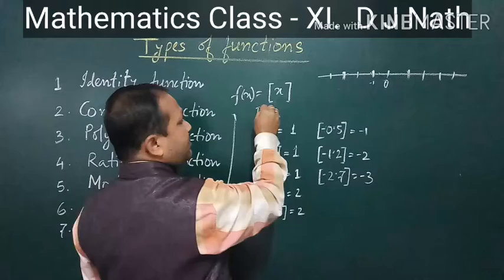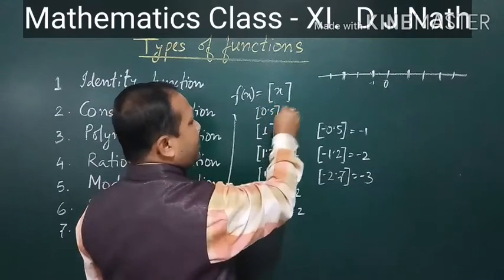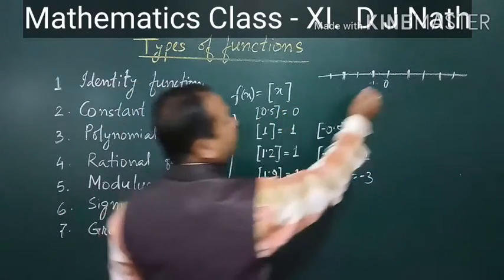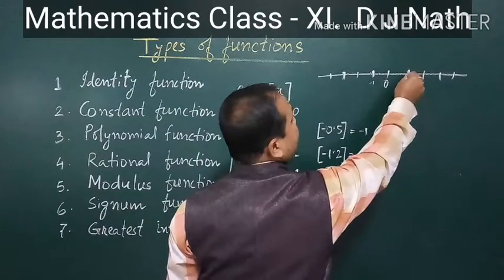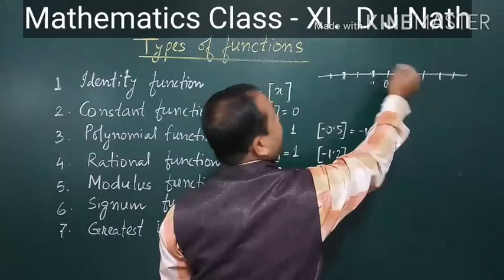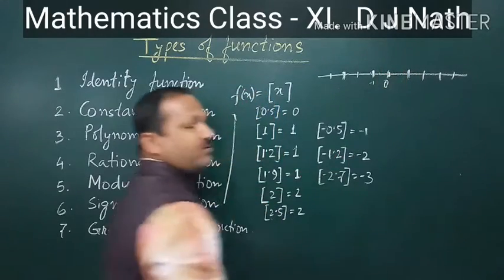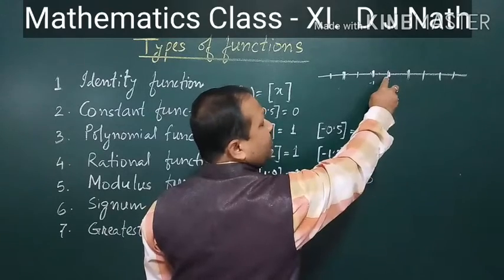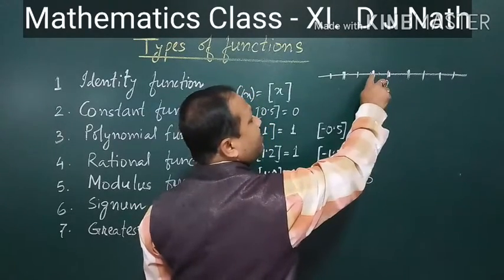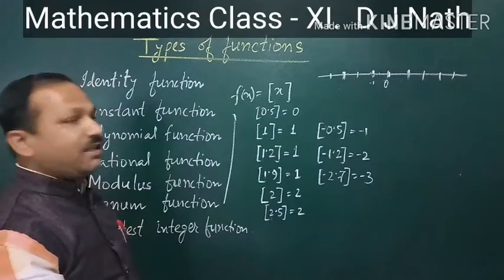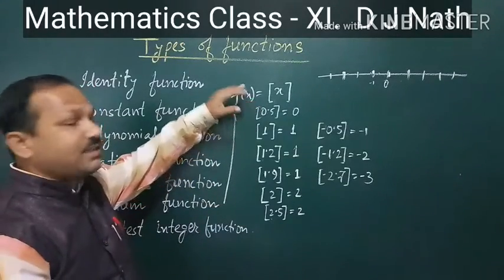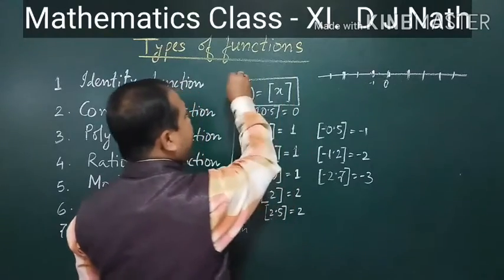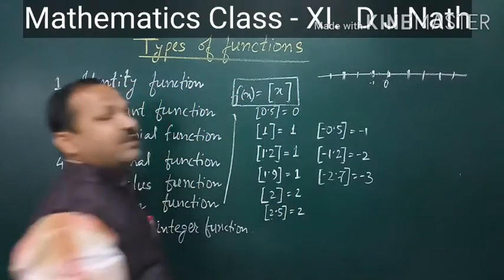If we write 0.5 on the positive side, the integer part is 0, so it will be 0. Between minus 1 and less than 0, whatever values are there, the result will be minus 1. That is called the greatest integer function. So f(x) equal to the square bracket of x is called the greatest integer function.